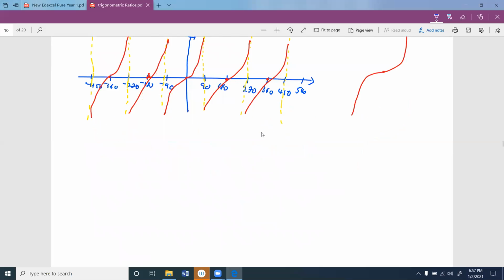I hope you have done the transformation of other graphs except trigonometric graphs in previous topics. Therefore, you need this knowledge to understand the transformations of trigonometric graphs. Right, okay.